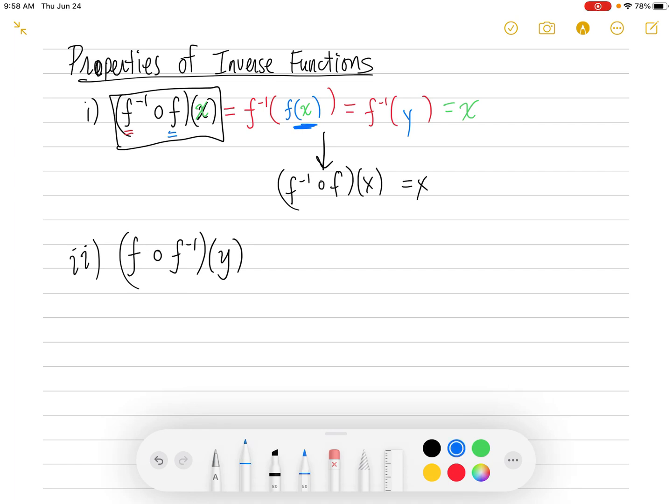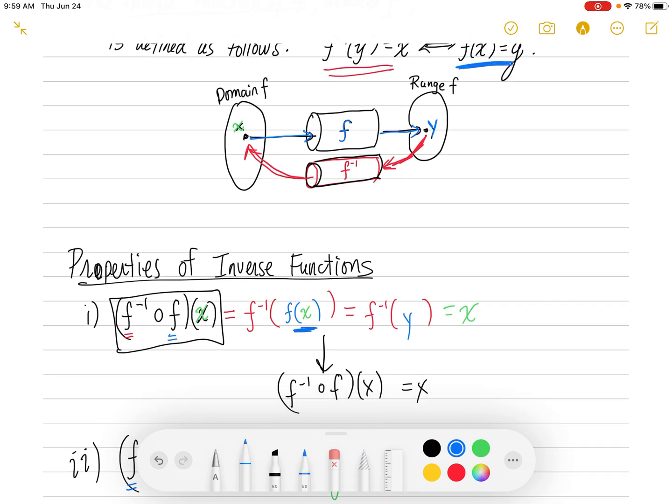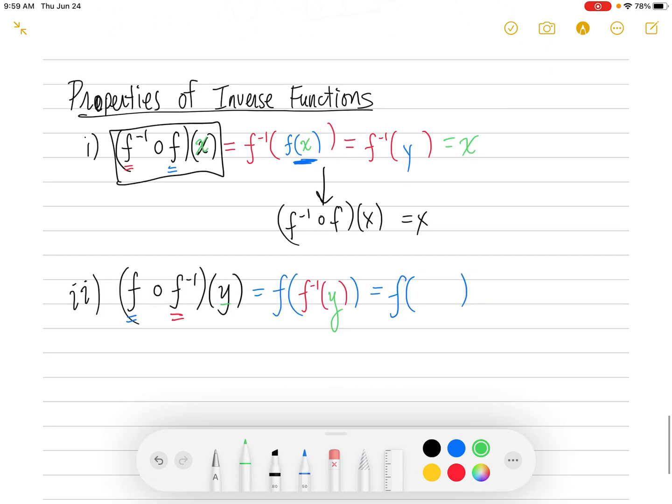For number 2, let's say we go the other direction. Let's say we start with f circle f inverse of y. In this case, I have the blue function on the left and the red inverse function on the right, and I'm plugging in y. Written out in detail, it's f on the outside, and on the inside f inverse of y. Now let's follow this through.